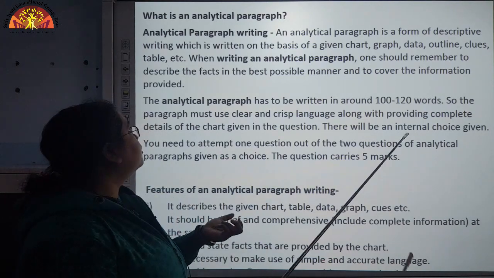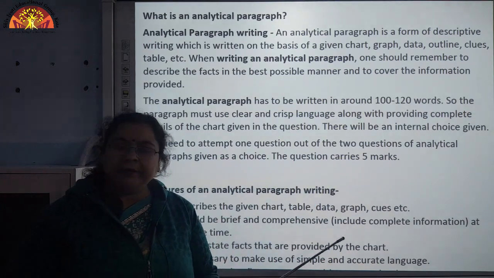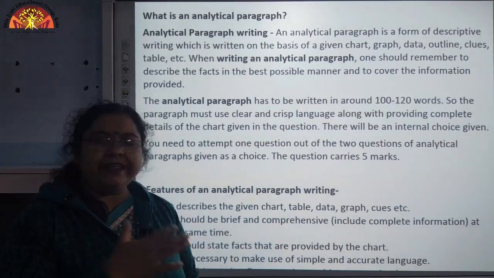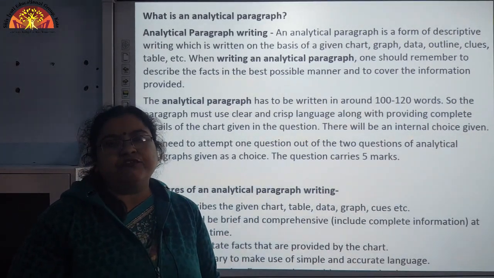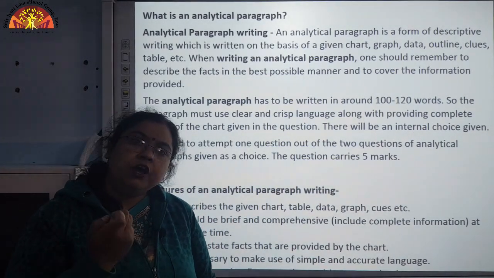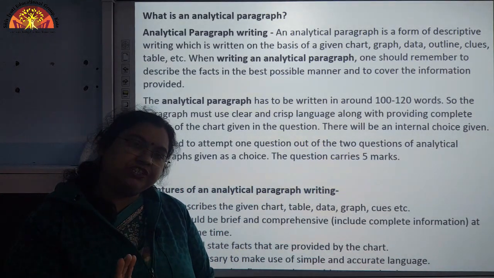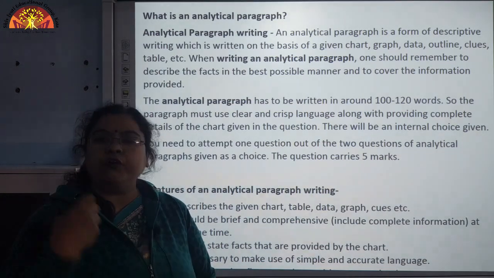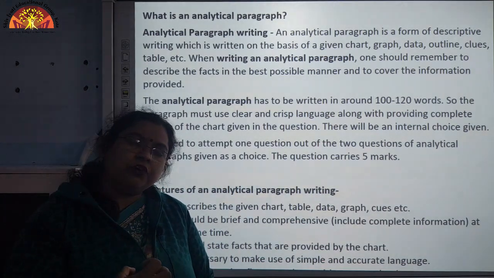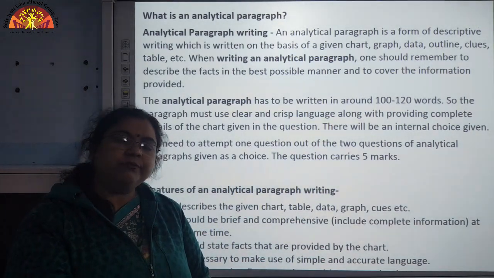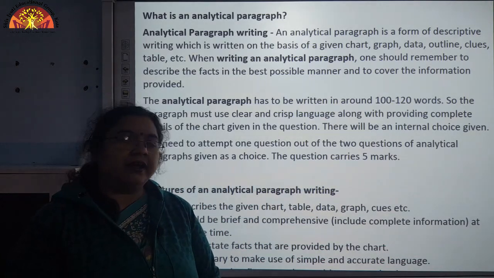So in various forms you will find this information given in the question. Now you have to analyze that information, and on the basis of your analysis you have to write a paragraph.